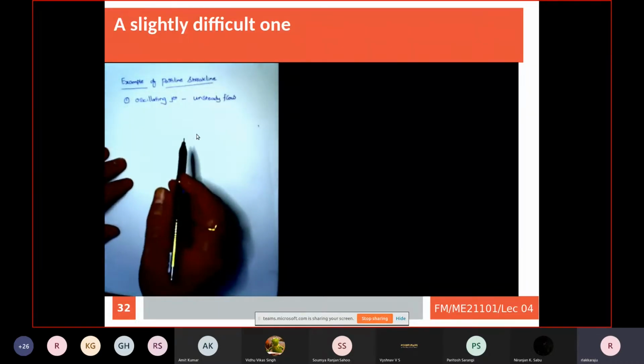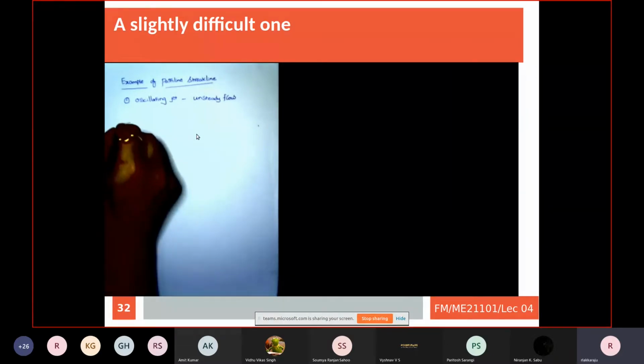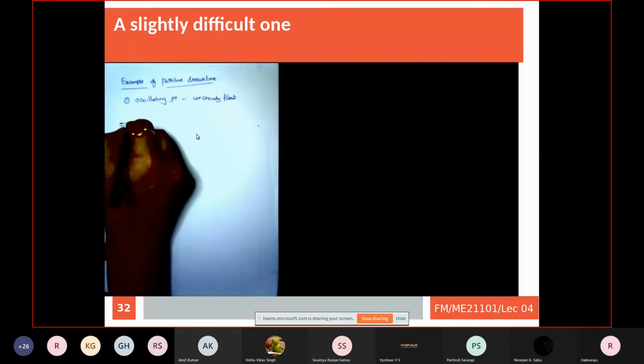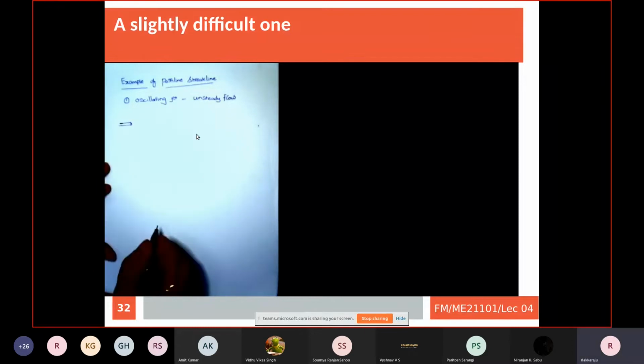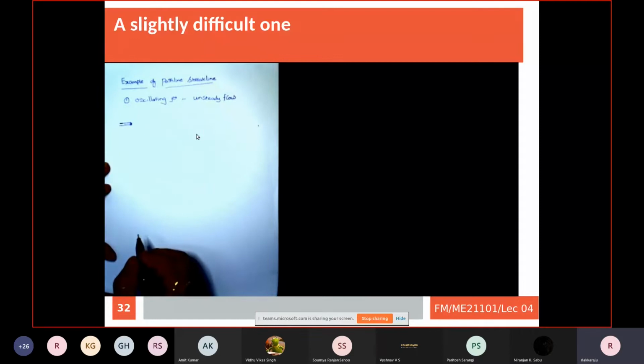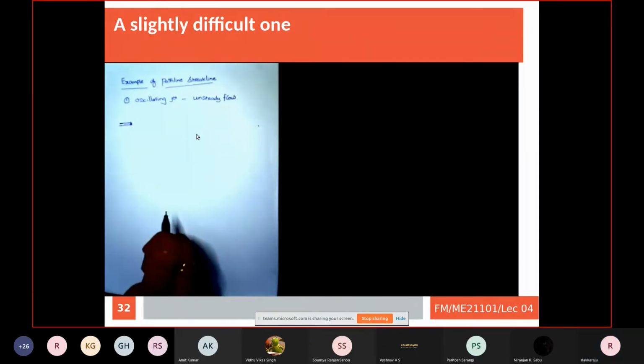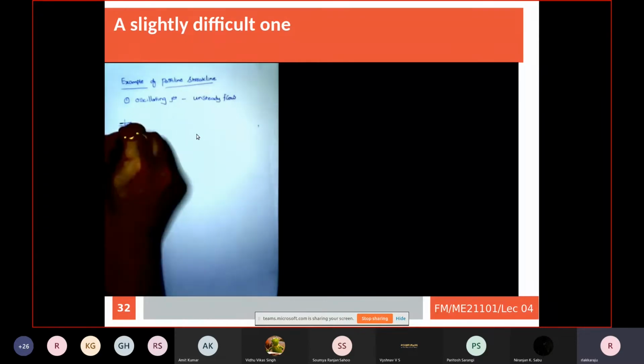Let us consider an example for path line and streak line. An oscillating jet in an unsteady flow. You hold a garden hose and a liquid stream is coming out of it. Now, either hold it steadily or try to oscillate this garden hose up and down.